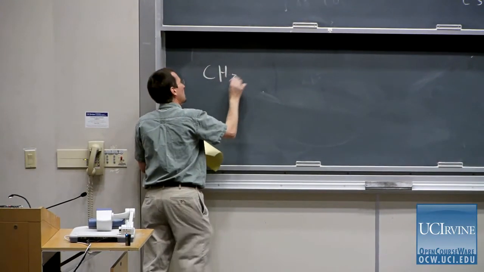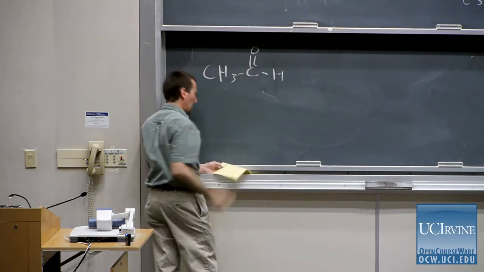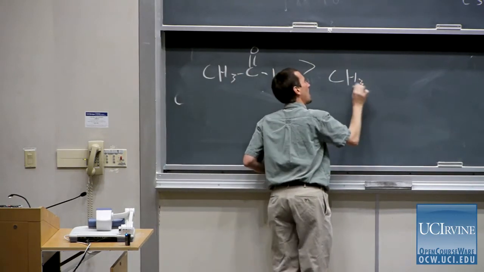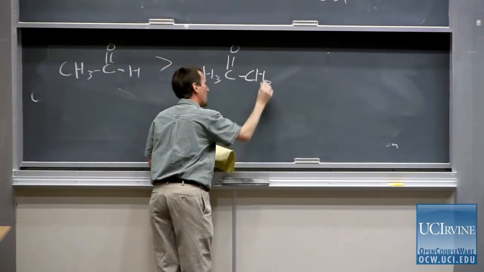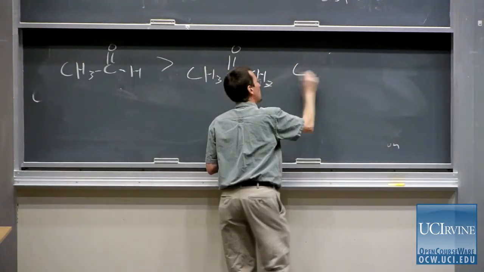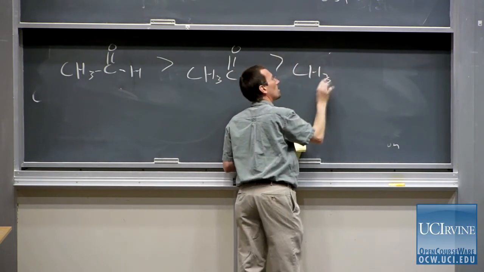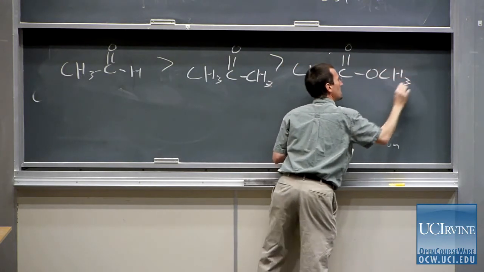So if I wanted to give a particular example, just so I don't put this in the abstract, let's compare acetaldehyde, acetone, and let's just say methyl acetate, CH3CO methoxy.